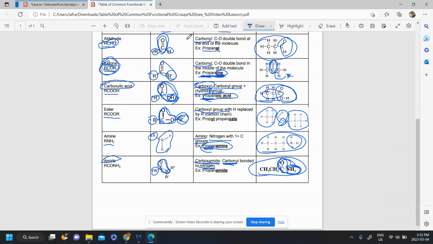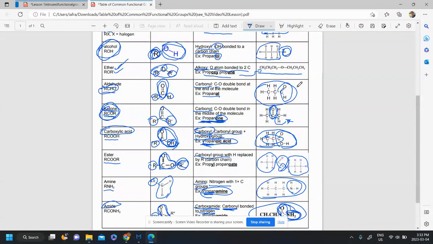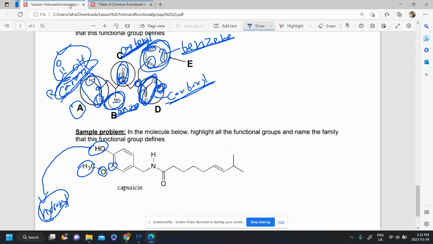We didn't see that one for a while. That would be our ether, just to show you what the ether looks like. It's our ROR, and there are 2 carbon chains. This one here is R prime. That means that it could be the same carbon chain, but it could also be a different carbon chain. It doesn't have to be the same length. And so it's an alkoxy group, making an ether.